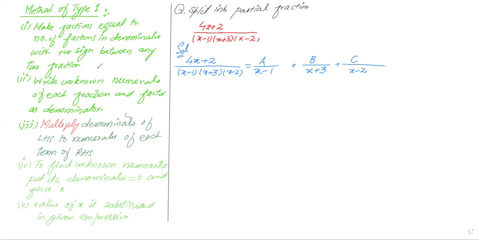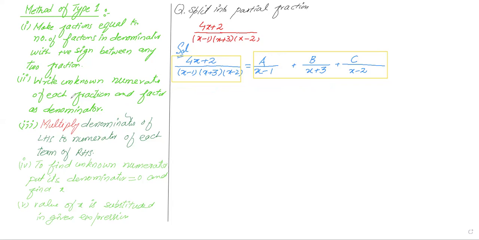Now, this step having 2 sides. The first one is called the left-hand side. This one is called the left-hand side of this equation or identity. This is called right-hand side. So you have to consider the steps.